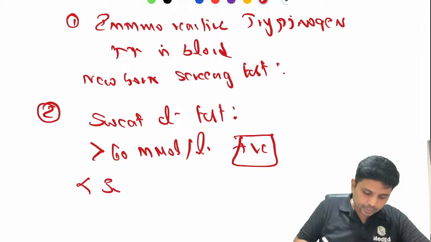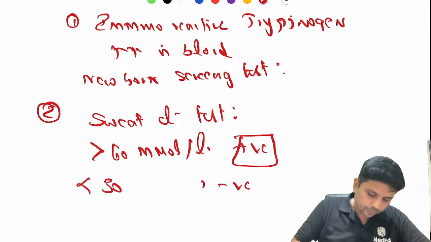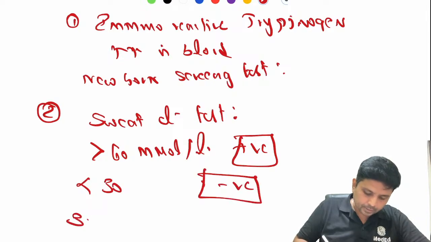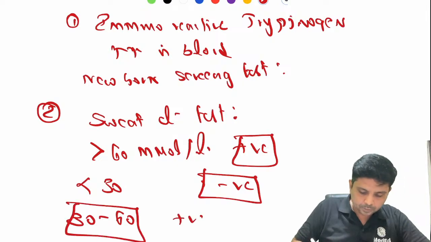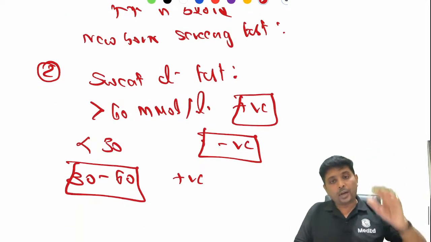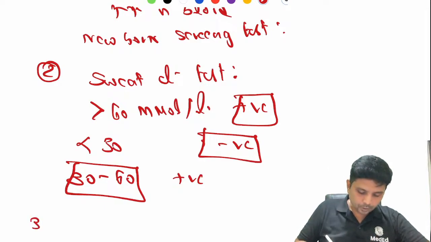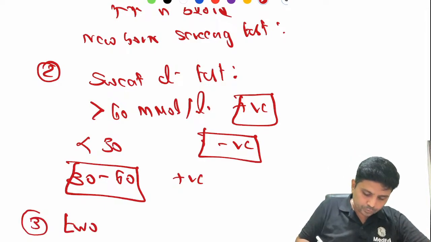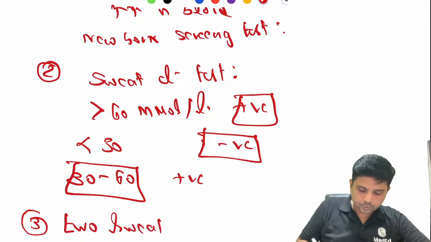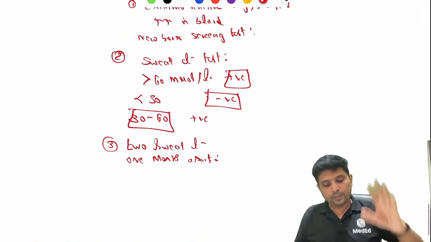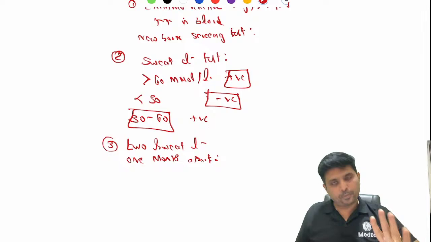Less than 30 is said to be negative, whereas 30 to 60 can be considered as positive, provided clinical signs and symptoms are suggestive. You need to do two sweat chloride tests, positive at 1 month apart, to say positive.